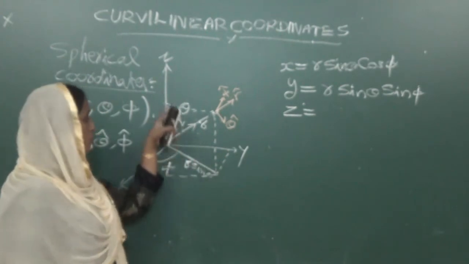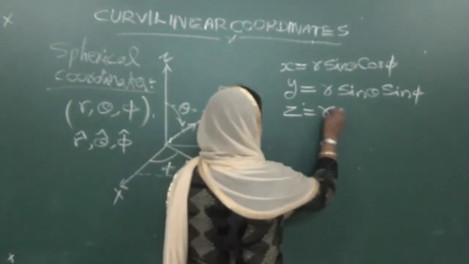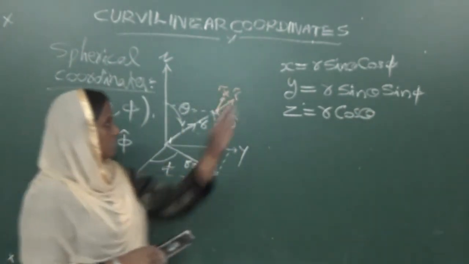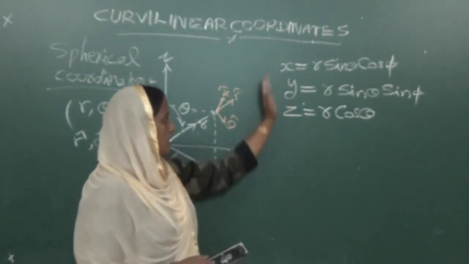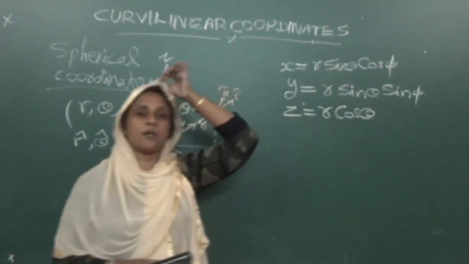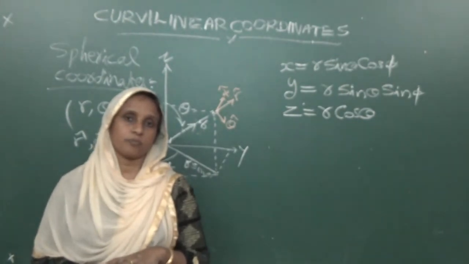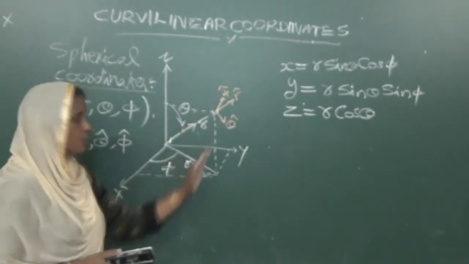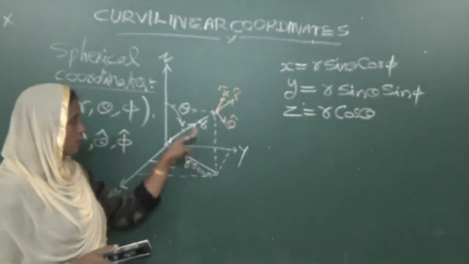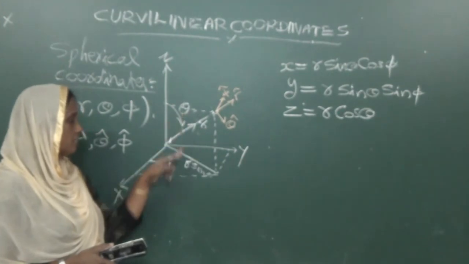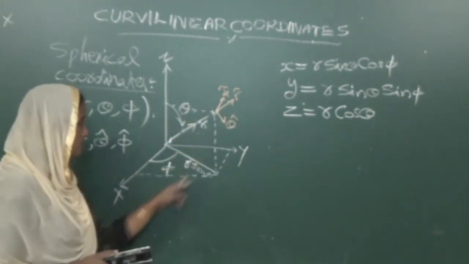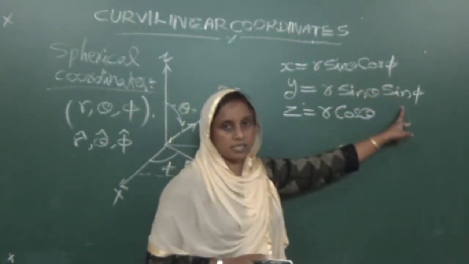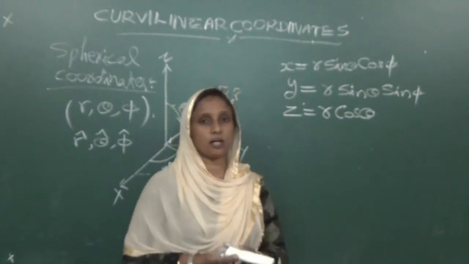So z is equal to r cos theta. These are the connections between the Cartesian coordinates and the spherical polar coordinates. From the geometry of the figure itself you can find out. Because we already found that this is r, this is theta and this is angle phi. So x equals r sin theta cos phi, y equals r sin theta sin phi, and z equals r cos theta.